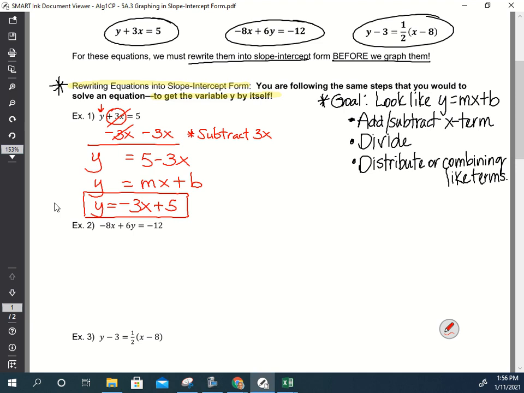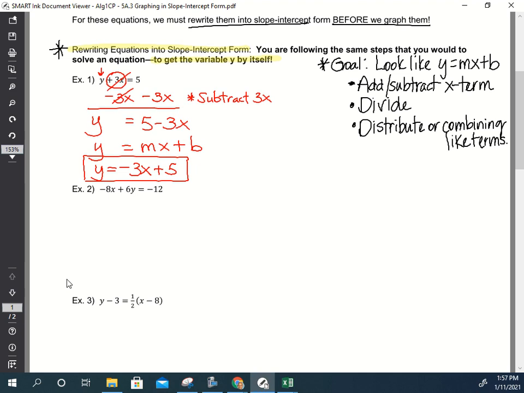Questions on example number 1? All right, not hearing any, seeing any, so that must mean people know what they're doing. I'm hoping Willie, Sinai, and Kalade are taking their notes.